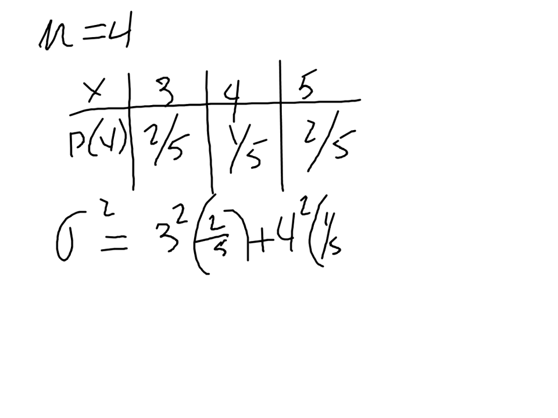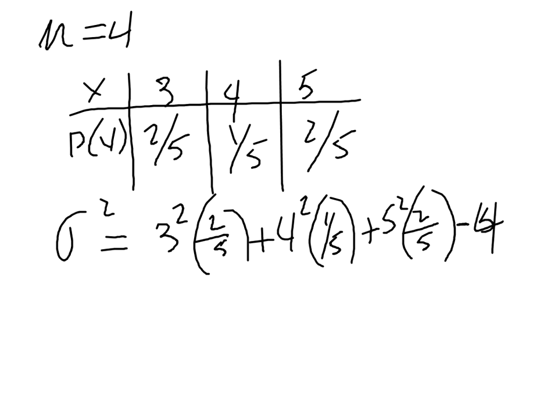Of course, don't forget we have to subtract the mean squared. Plus 5 squared times 2/5. And from that, according to our formula, we're going to have to subtract out 4 squared. Okay, and that's the step that you see for the variance directly below. And according to the book, that turns out to be 16 4/5, excuse me.